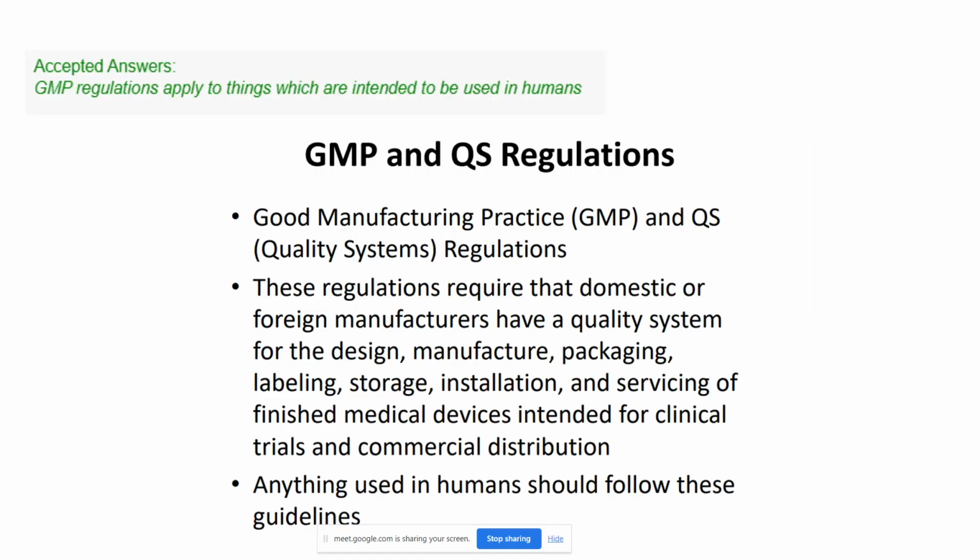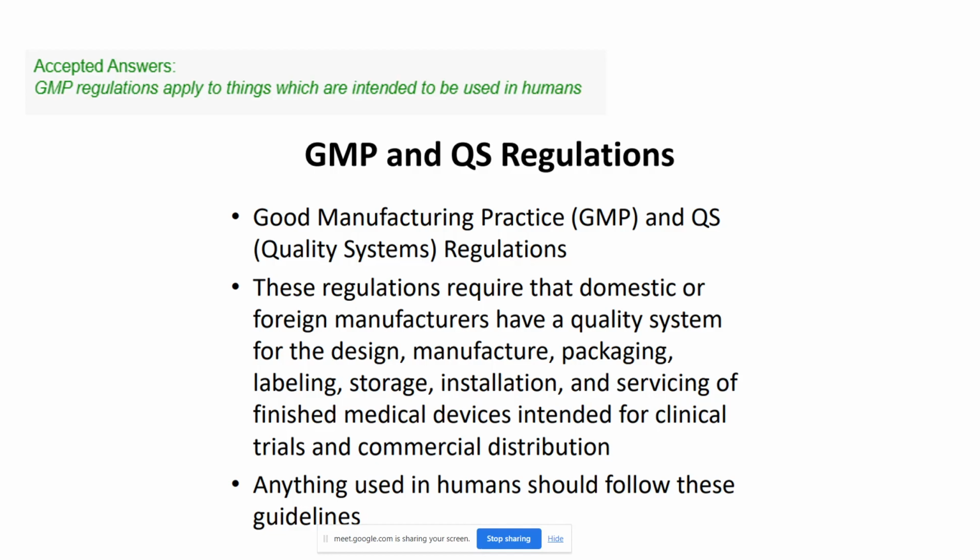So it will be the second option only. GMP regulations apply to things which are intended to be used in humans. GMP and QS are good manufacturing practices and quality system regulations. So as you see, GMP is good manufacturing practices. So not only at the end, starting from the beginning, you have to take measures that everything is being followed in a proper way and the quality is ensured throughout the manufacturing processes.